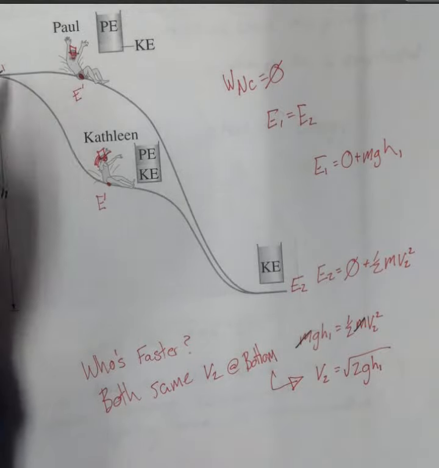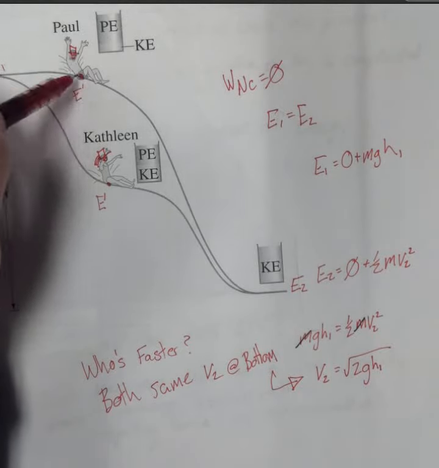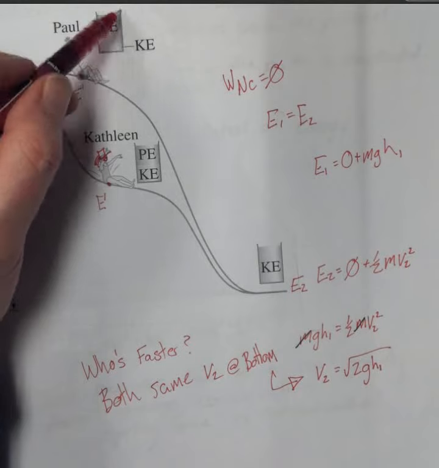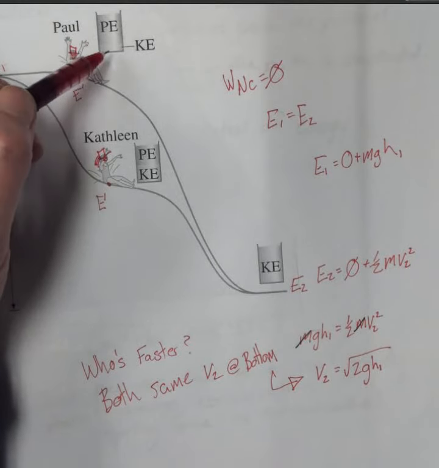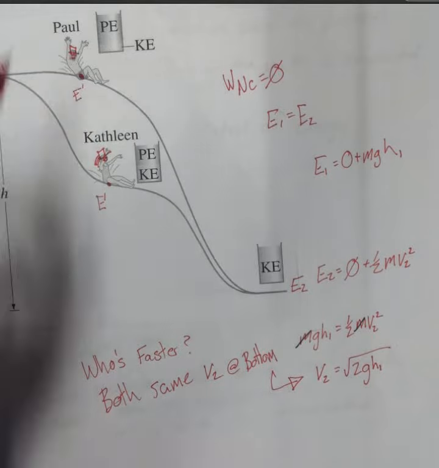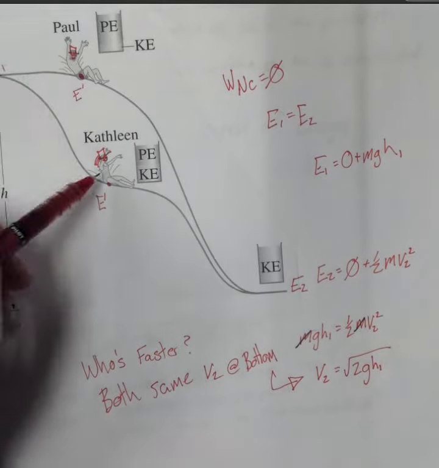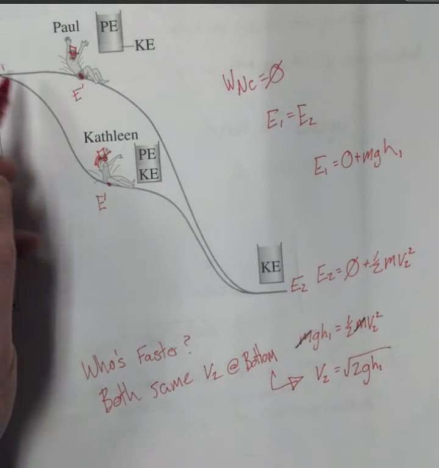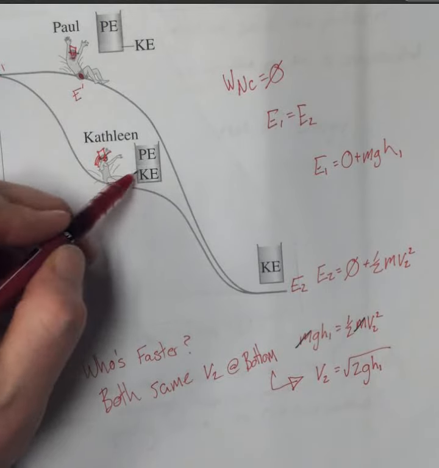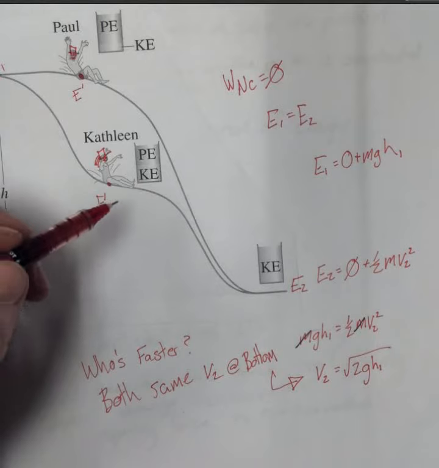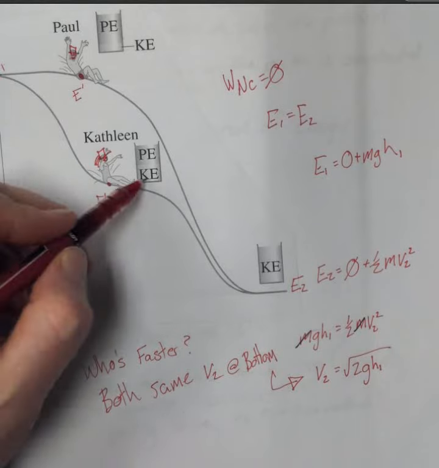So Paul, most of his energy at this point is potential energy, and only a small amount of his energy at this point in time is kinetic, which means that his velocity at this point is very small. Whereas Kathleen, at that exact same point, has dropped down a considerable amount more. So more of her total energy is made of kinetic energy, which means that right here, Kathleen's velocity is actually faster.